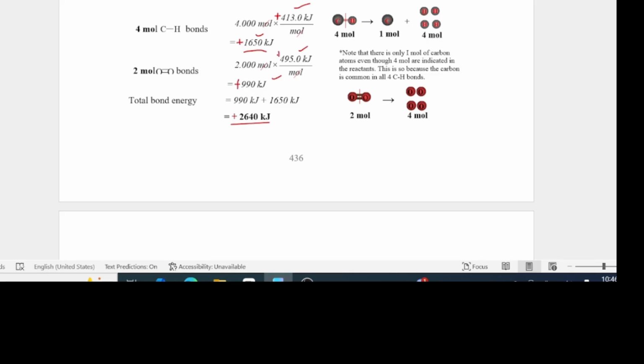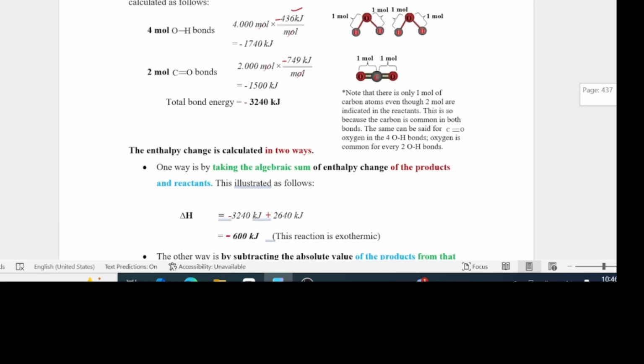But specifically in this case, we needed to show the negative signs. When you do the calculation for the formation of 4 moles of O-H bonds, that's what you get there. For 2 moles of carbon-oxygen double bonds, we ended up with that value there. Adding these together, that's the total amount of energy that's liberated.